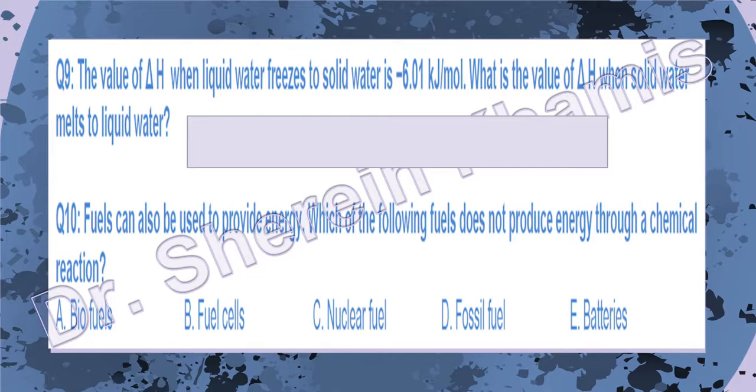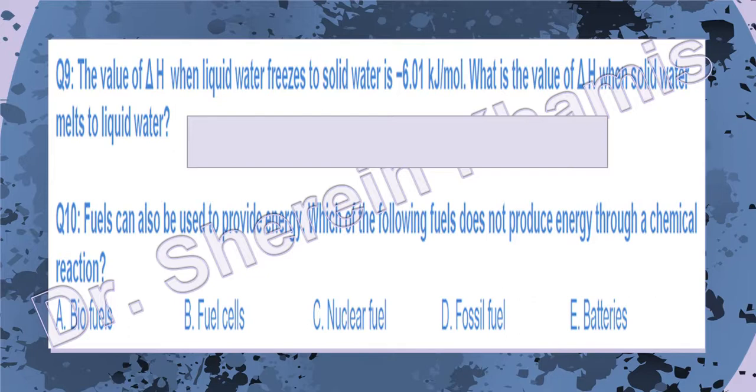What is the value of delta H when solid water melts to liquid water? Converting from liquid to solid, the value of delta H equals negative 6.01 kilojoules.